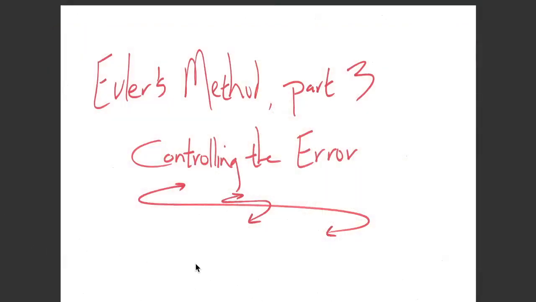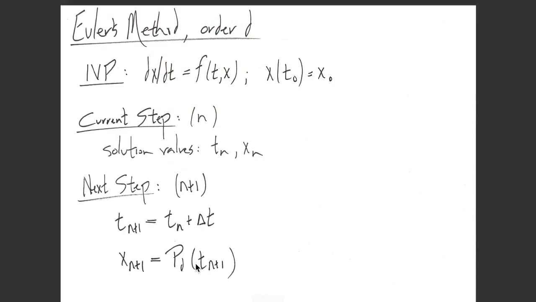Just to review, the order d Euler's method basically works by taking a currently computed solution, and that's our time value Tn and solution value Xn, and projecting it forward one step by incrementing the time value by a time step we're calling delta t, and then by projecting the solution forward using the degree d Taylor polynomial for the solution.